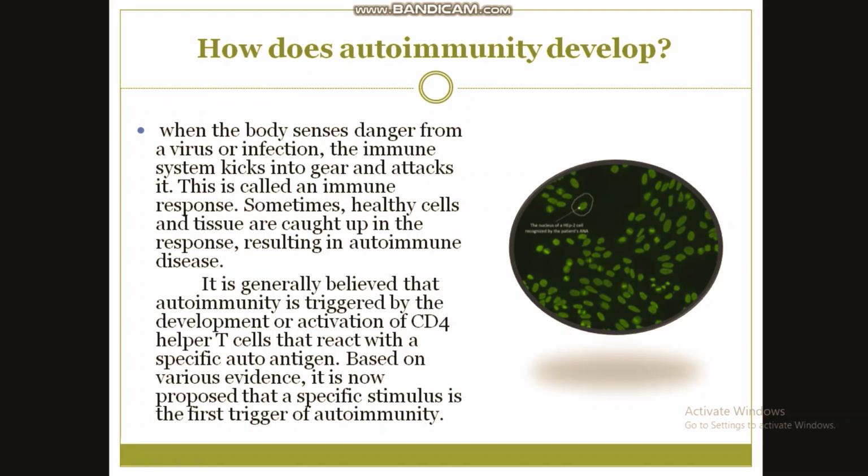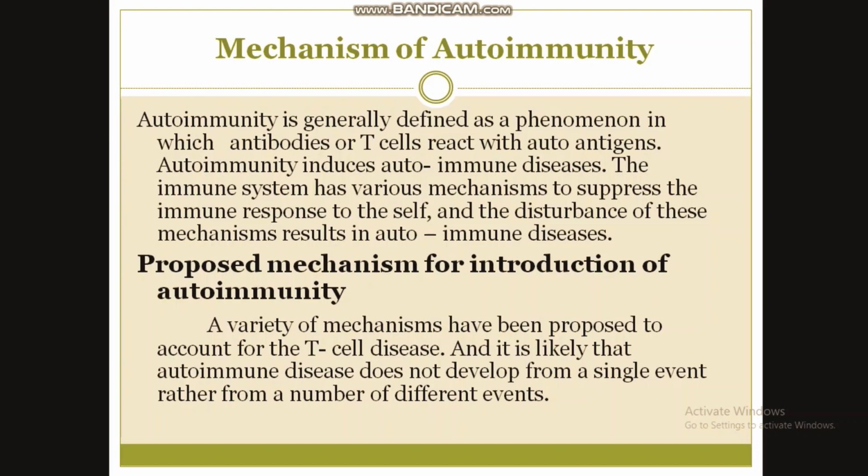After knowing autoimmunity's development, I'll talk about the mechanism of autoimmunity. Autoimmunity is generally defined as a phenomenon in which antibodies or T cells react with autoantigens. Autoimmunity induces autoimmune diseases.